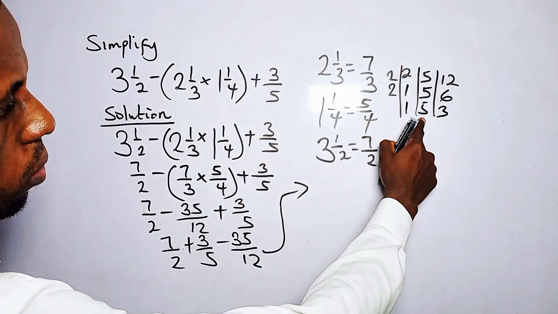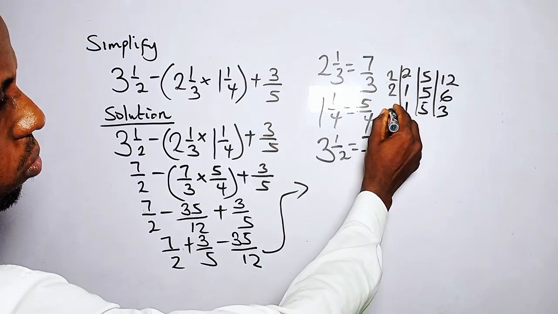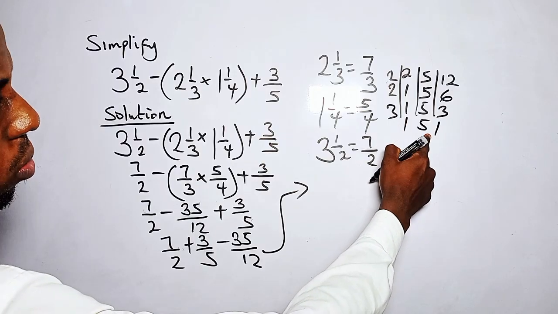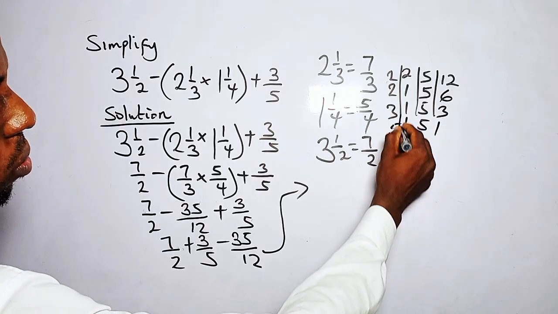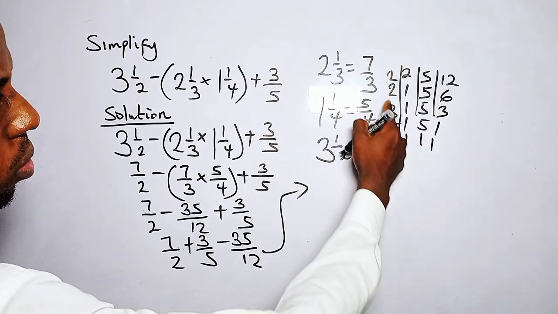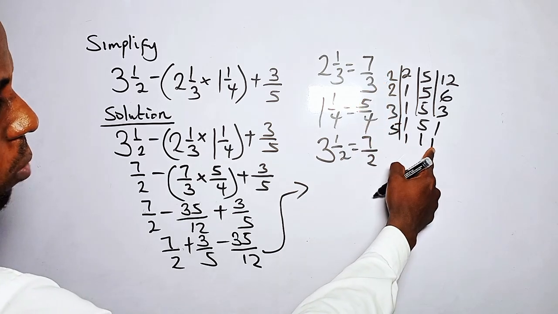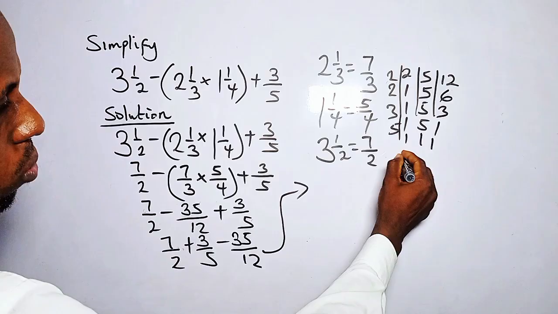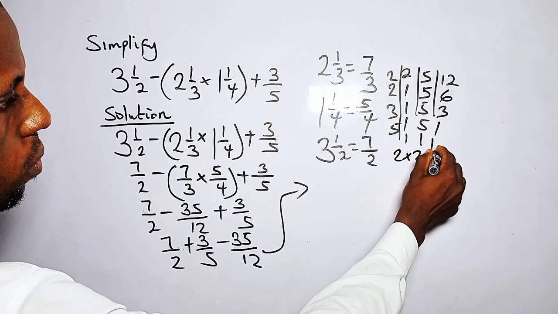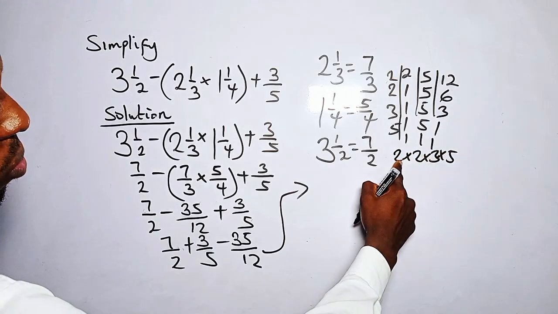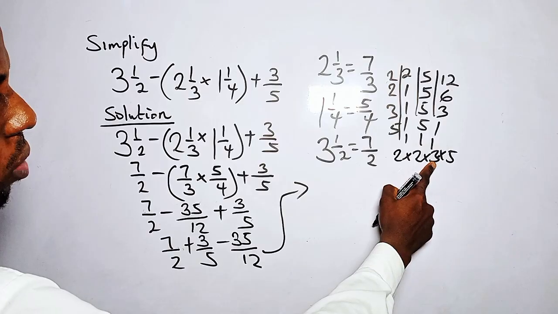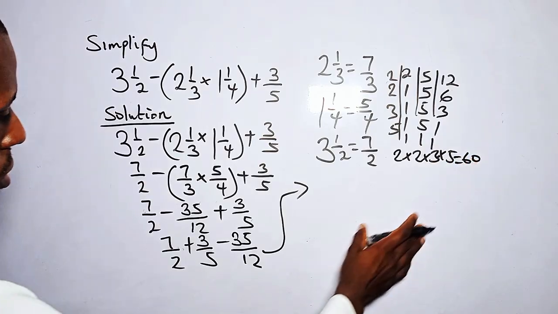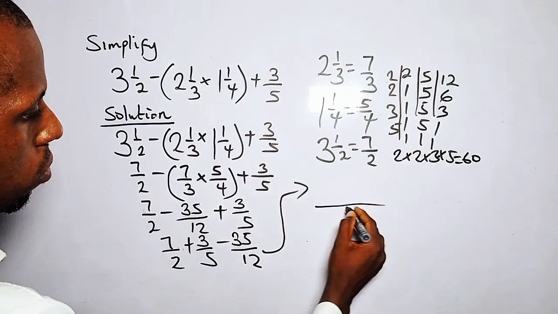We don't have any other number that divides 2, so let's use 3. 3 in 3 is 1, 5 stays as 5. We have reduced it to 1, 1, 1. So we multiply all these factors: 2 times 2 times 3 times 5. 2 times 2 is 4, 4 times 3 is 12, 12 times 5 is 60. So here we have 60.